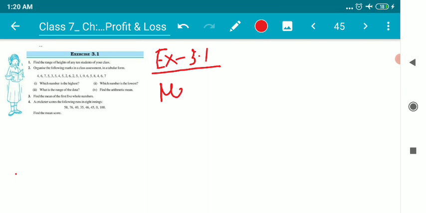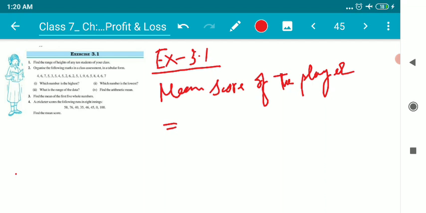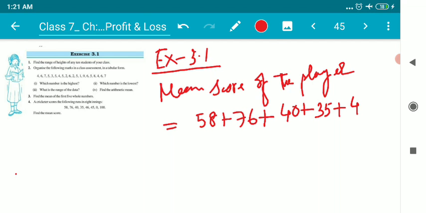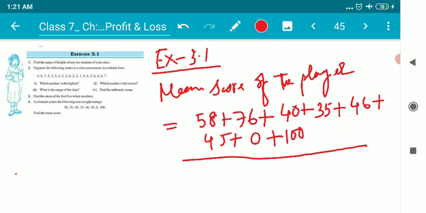So the mean score of the player is the sum of all the runs, 58 plus 76 plus 40 plus 35 plus 46 plus 45 plus 0 plus 100, divided by the number of matches he played.